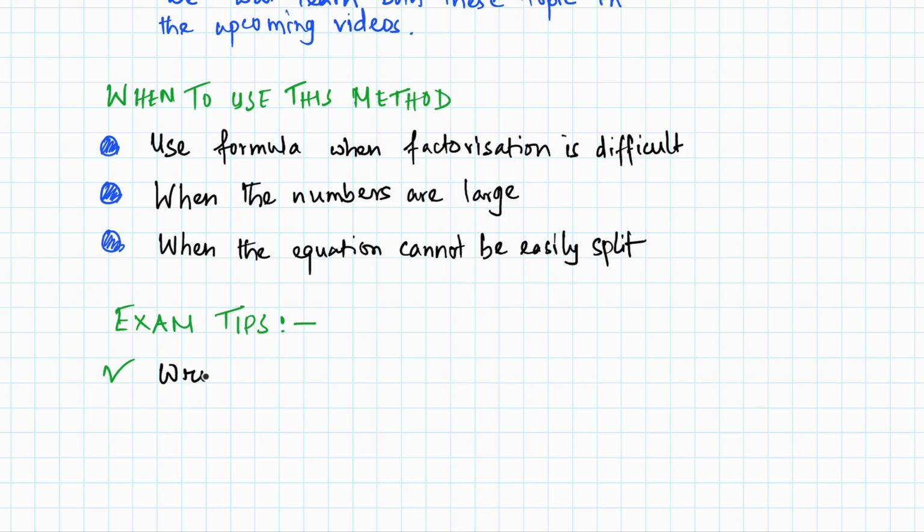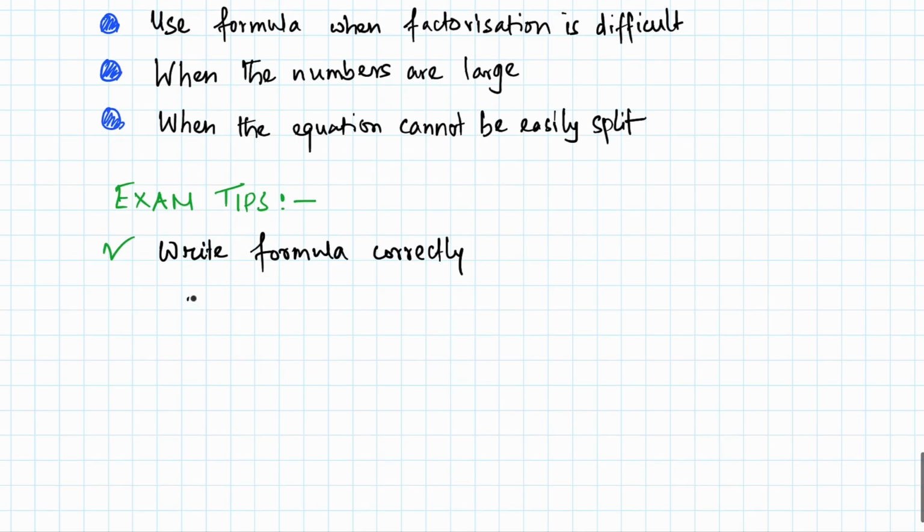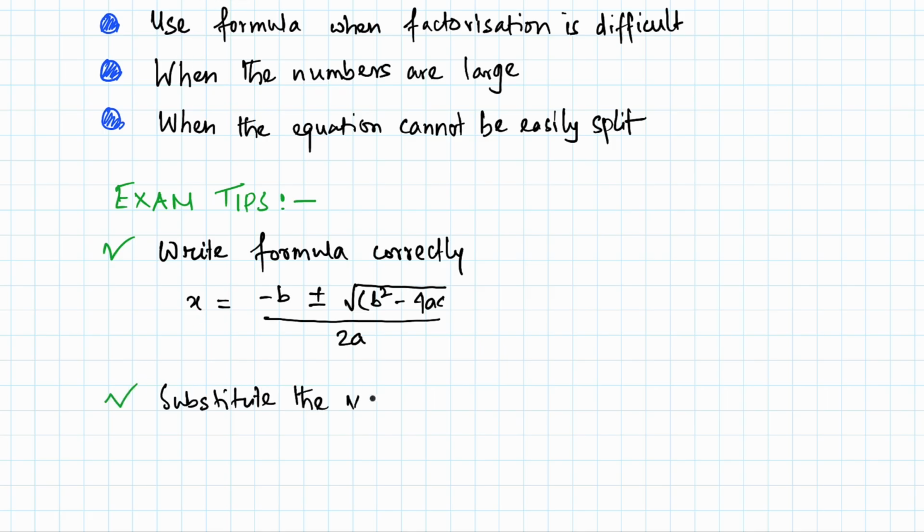Now some important exam tips: write the formula correctly. So remember this formula. What I would suggest is to derive the formula before you start working on the problems. If you derive it every time, you will definitely be able to remember it. So x equals (−b plus or minus root over b² − 4ac) by 2a.